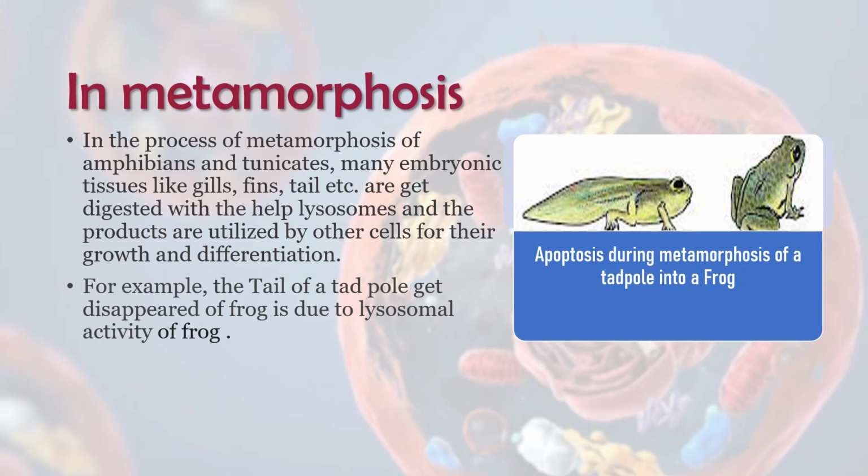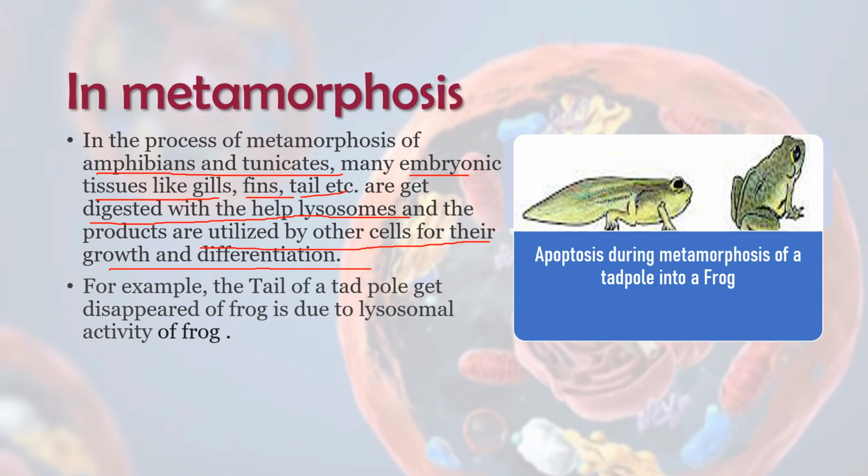Role of lysosomes in metamorphosis. In the process of metamorphosis in amphibians and tunicates, embryonic tissues like gills, fins, tails, etc. are digested with the help of lysosomes, and the products are utilized by other cells for their growth and differentiation.